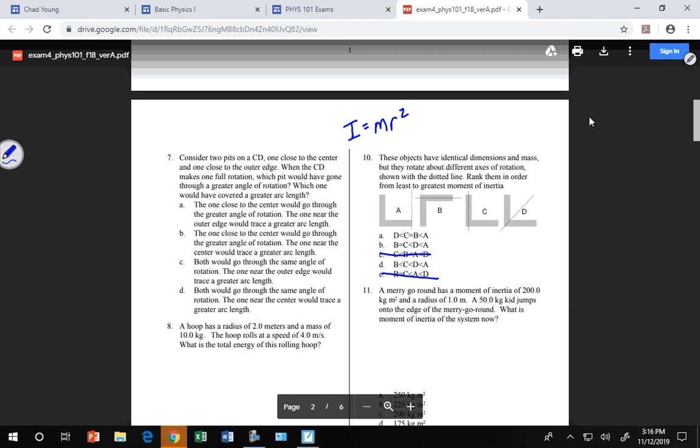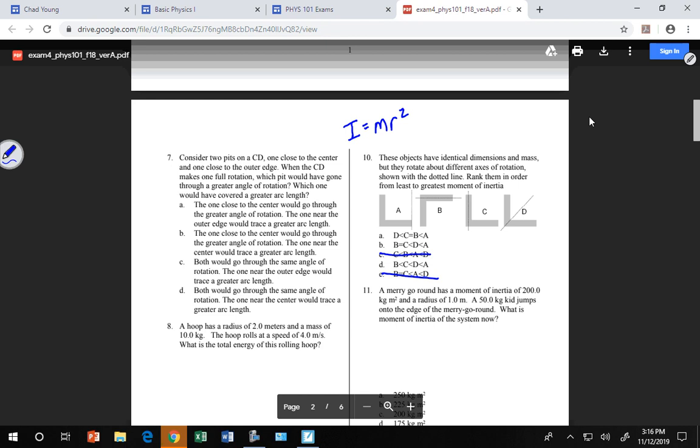Why what now? I don't understand why it's the smallest. Okay, why it's the smallest. So here, the axis of rotation is right here, right? And I don't have any mass along the axis of rotation for this one. In fact, I have these two masses that are coming off. Given these masses don't go quite as far away as this mass does, but I still have twice the mass that's floating around. Whereas here, I have half the mass, which isn't contributing anything at all to the moment of inertia.